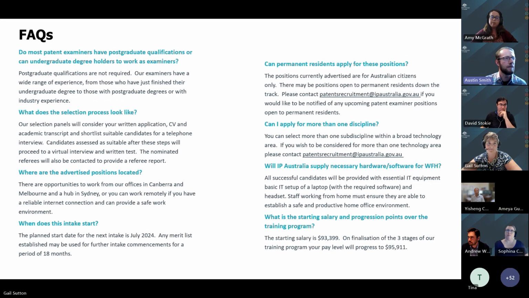That will then be followed by a final 12-month consolidation stage of your training, where you will build capability and confidence in being able to examine applications, generate reports, and ultimately work towards gaining your acceptance delegation, which will make you a fully fledged examiner able to work comparatively independently. So the Training Academy is really a part of the first 8 or 9 months of a new examiner's experience.